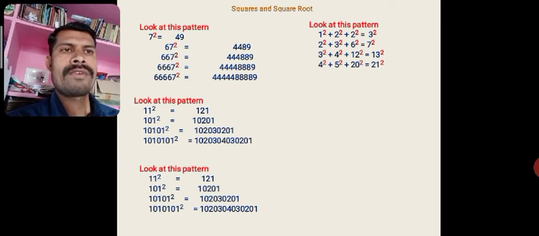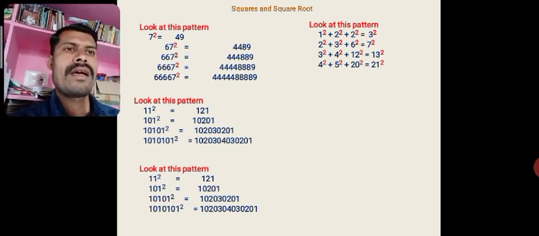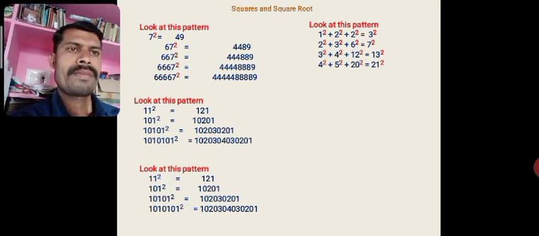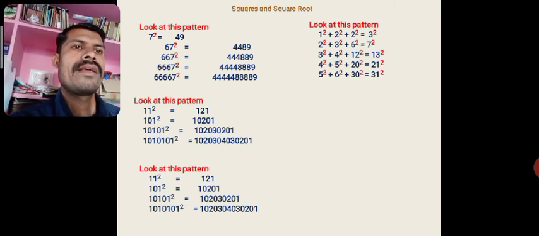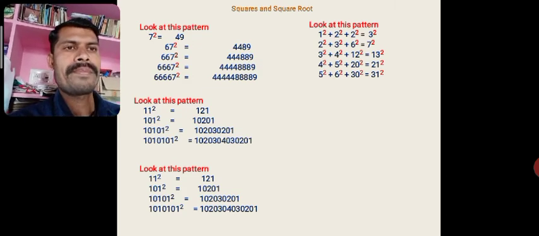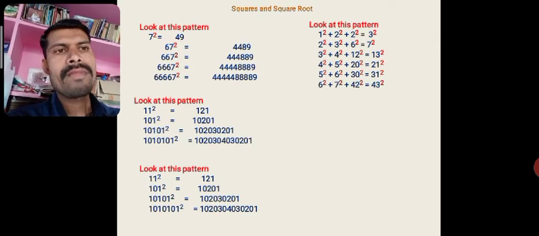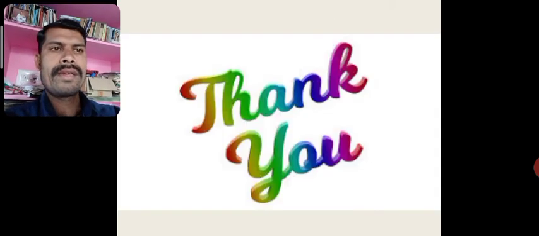Similarly, one more: 5 square plus 6 square plus 30 square is equal to 31 square. 5 sixes are 30, and 1 more than 30 is 31. So like that it continues.